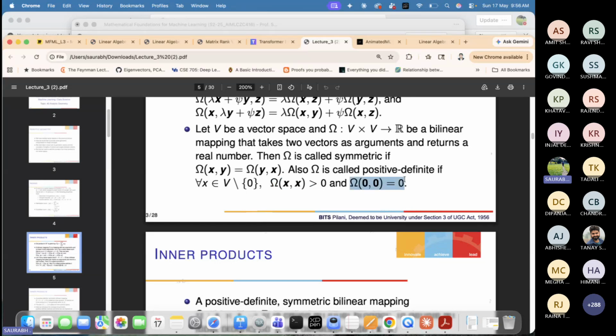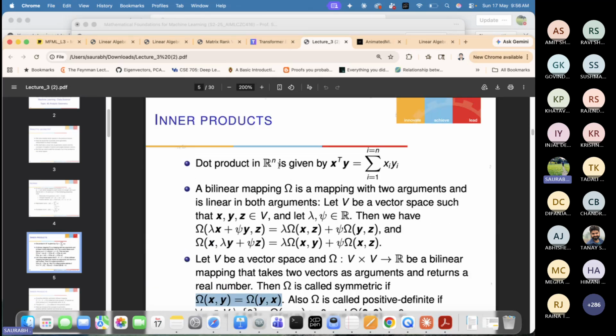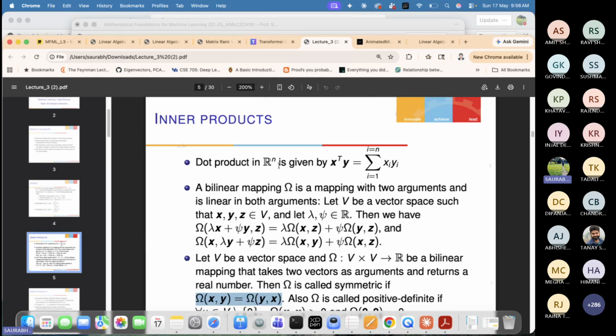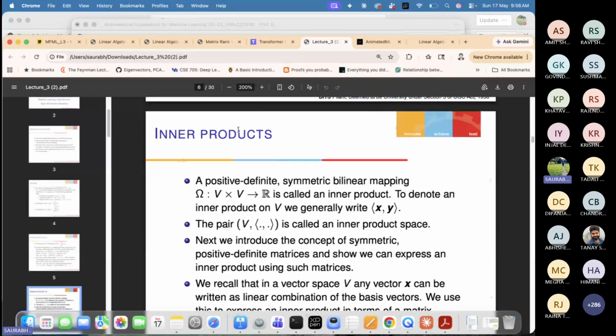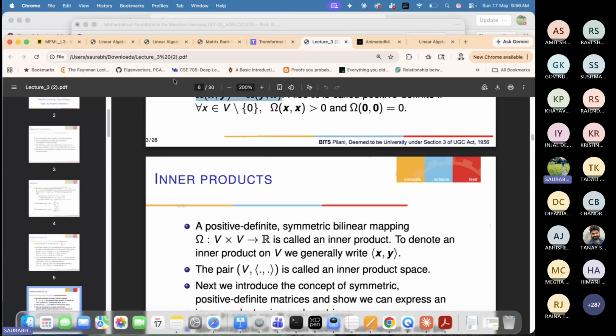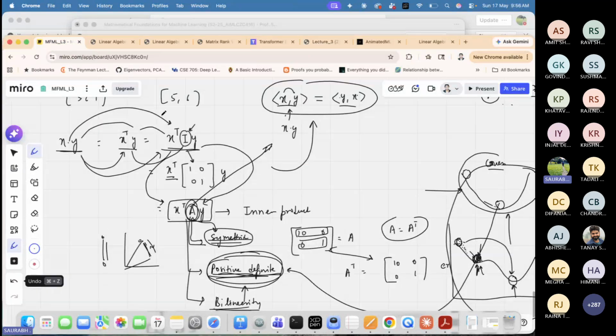If you have the zero vector, it should be zero. If you have an inner product with itself, it would always be positive. If you have the inner product of a vector x with y, it needs to be symmetric, and this is the symmetric property that we just talked about. So all of these things written down here are nothing different from what we're discussing. It's just that the abstraction that the slide brings in makes it slightly difficult to understand.